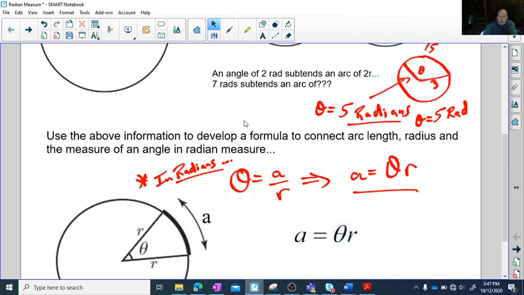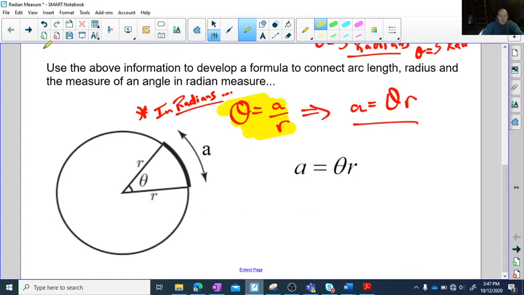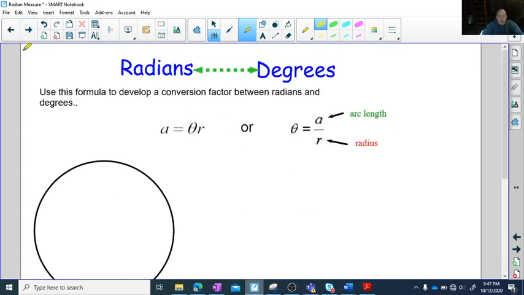I always like to get students to remember the formula at this level: your angle in radians is always equal to your arc length divided by your radius. One thing to watch for is to make sure these are always measured in the same unit. If this had been in centimeters and this was in meters, you'd have to do a conversion to get those in the same units.